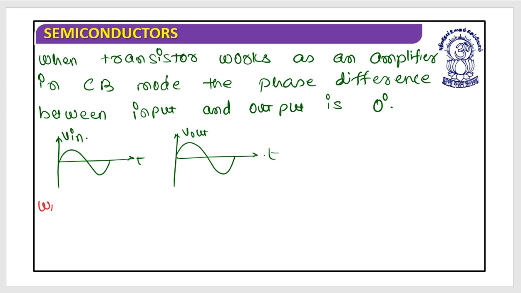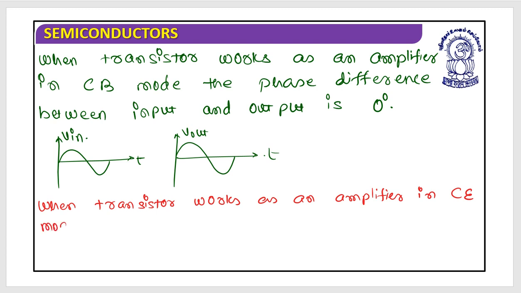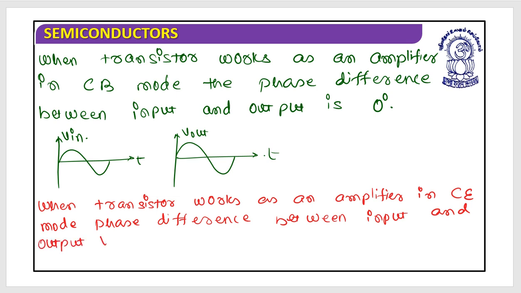But when a transistor works as an amplifier in CE mode, the phase difference between input and output voltage is 180 degree.